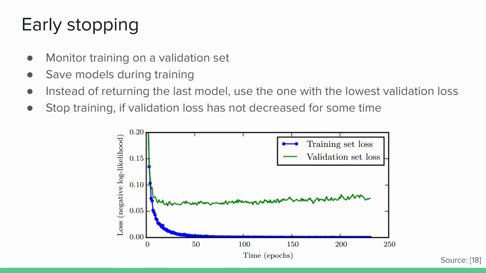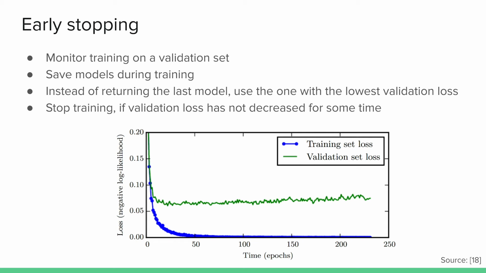You save the model after each epoch and then continue training the next epoch. At the end of your training, instead of returning the last model from the last training step of the last epoch, you return the epoch that had the lowest loss, or the best performance, on your validation set.